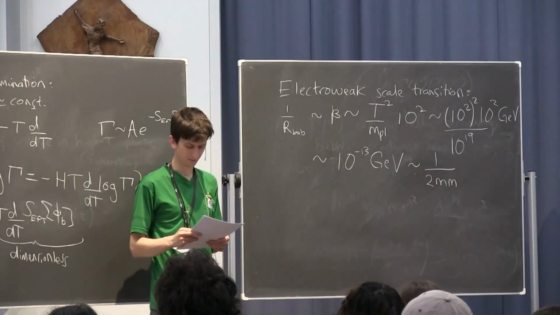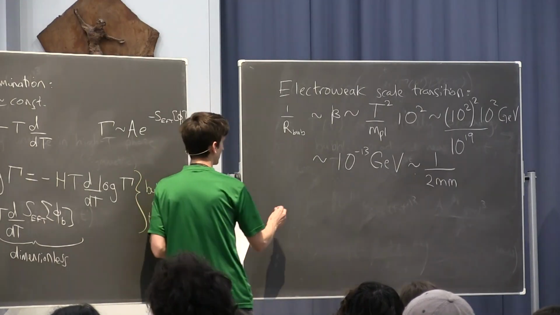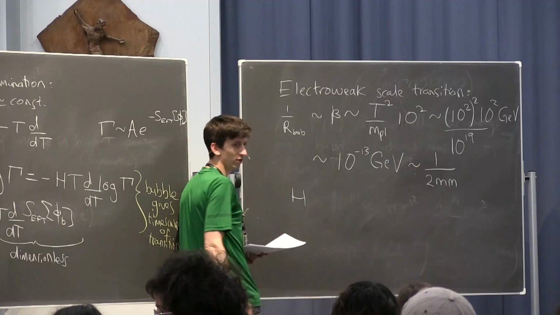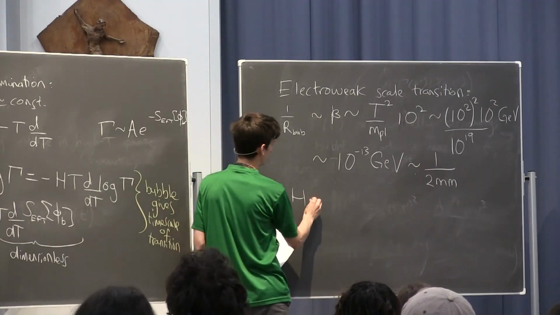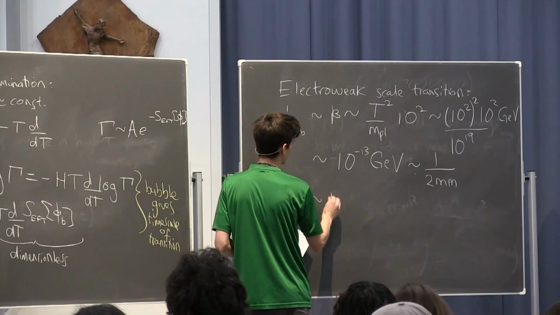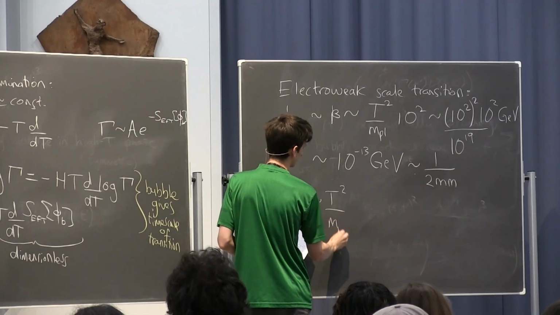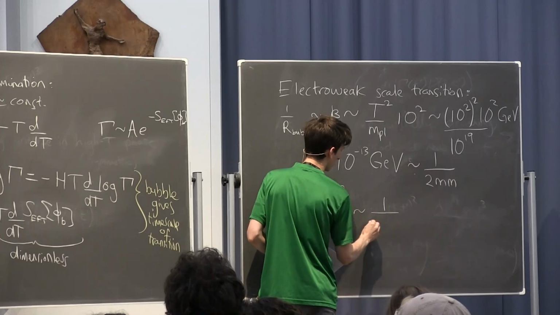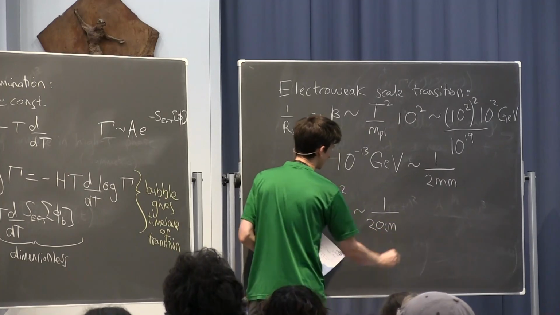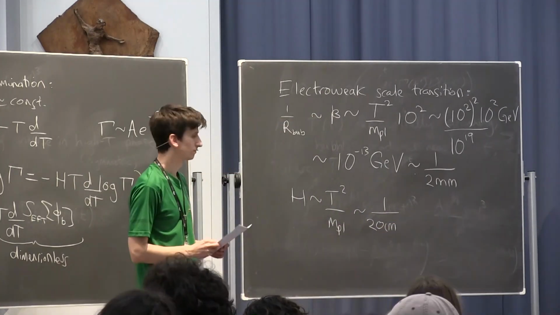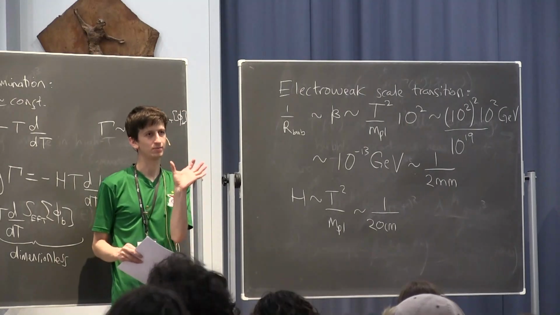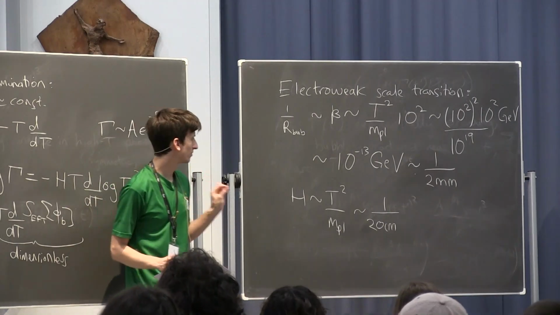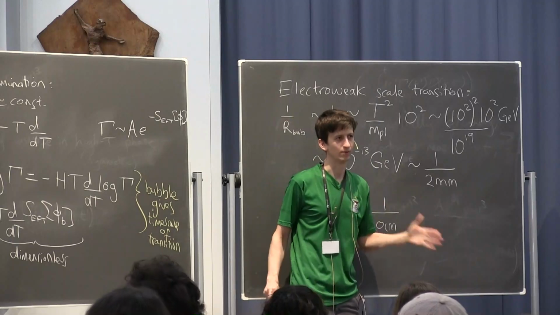So you can see them. For comparison, the Hubble at the same time, which is just T squared over m Planck, is 1 over 20 centimeters. So you have a 20 centimeter Hubble volume, and then your bubbles are roughly 2 millimeters across when they're hitting each other.